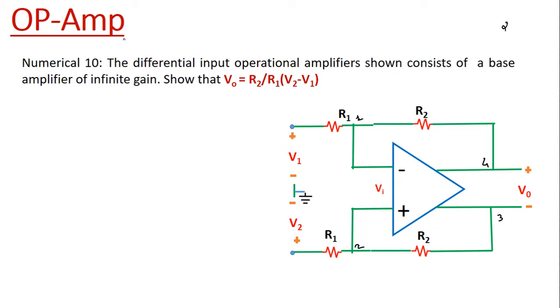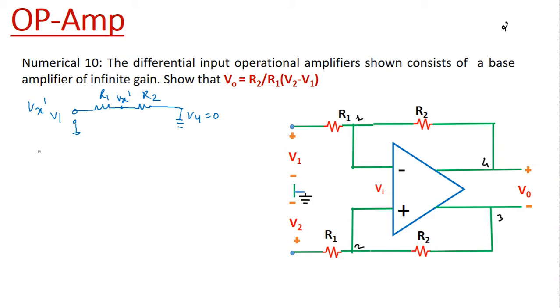So the circuit diagram will look like this for Vx dash. Since we have grounded V4, V4 will be equal to 0, and this is R2, this is R1, and here Vx dash will be there, and here the voltage is V1.